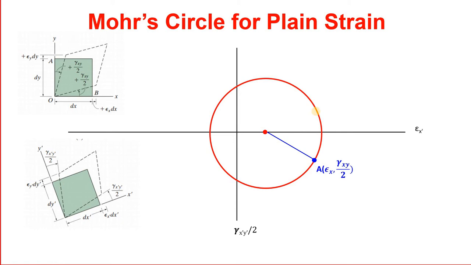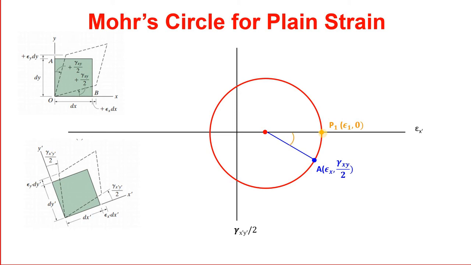What if you are interested in the principal strains? This orange point, its coordinates give you epsilon 1, which is the major principal strain, and of course the shear strain associated with the major principal strain is 0.